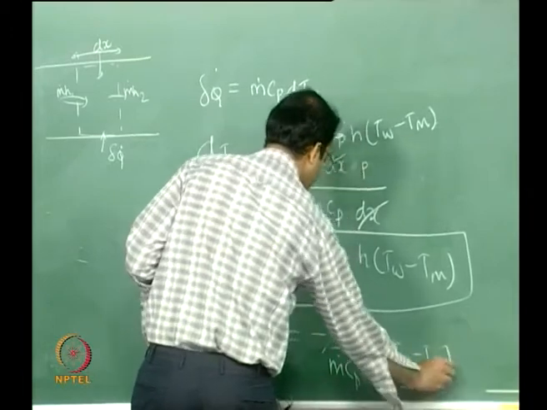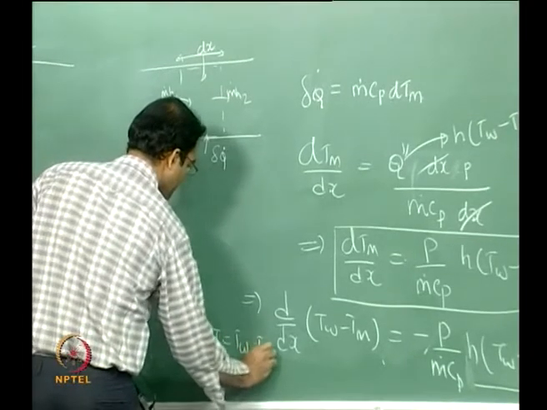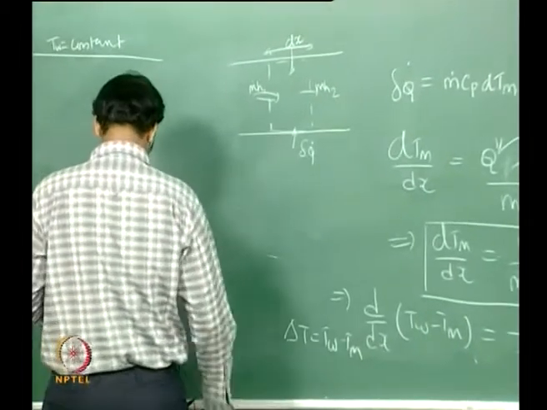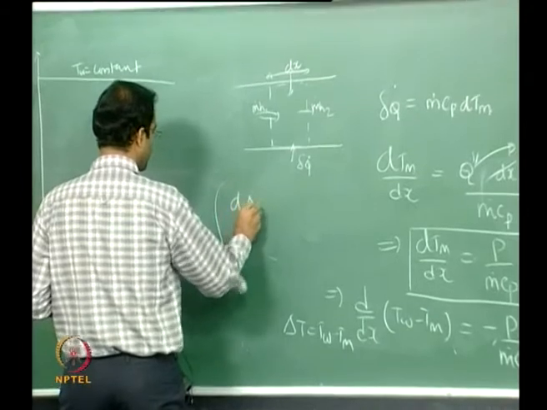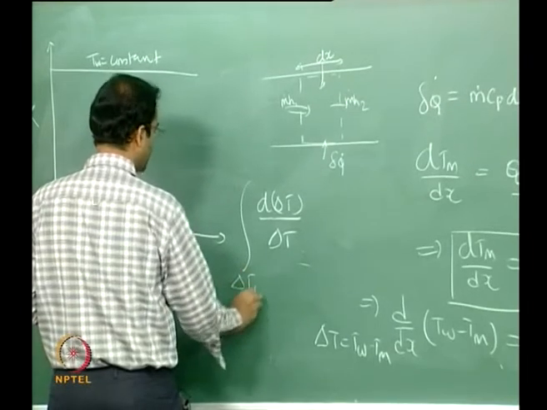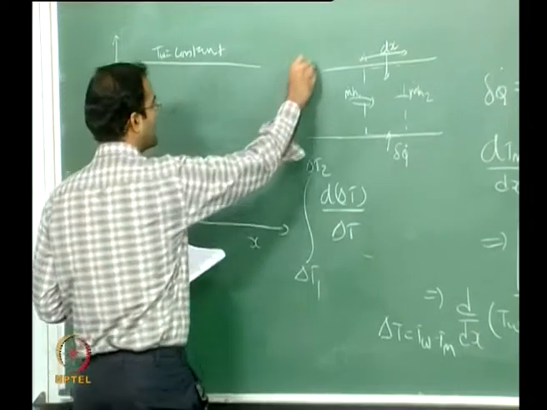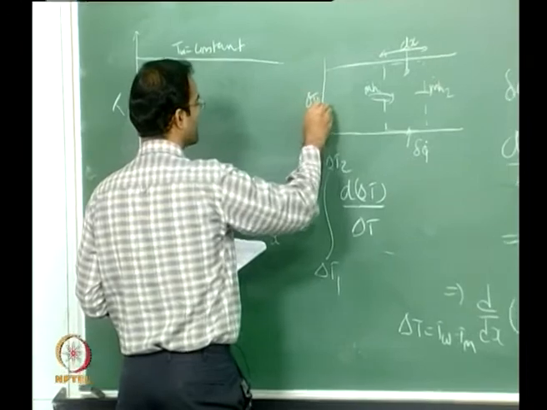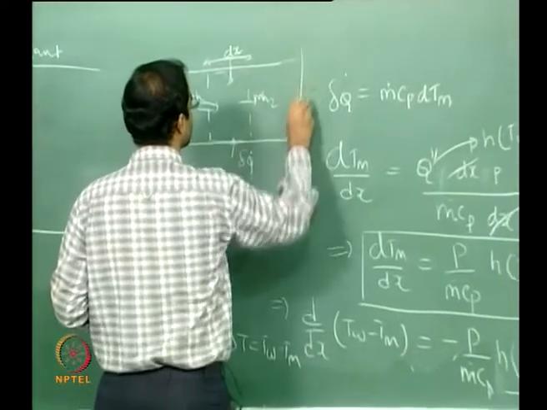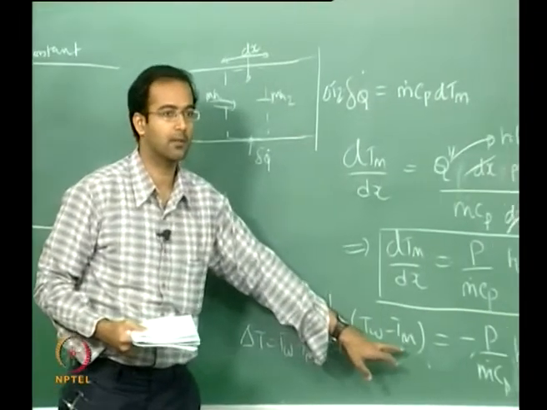So let us call T wall minus Tm some delta T. With this you can integrate this expression, so this will be d delta T by delta T, integrated from delta T1 to delta T2. What it means is, if you have a long duct, at the inlet that will be your delta T1, the difference between your wall temperature and the mean temperature, and at the exit somewhere, that is your delta T2.